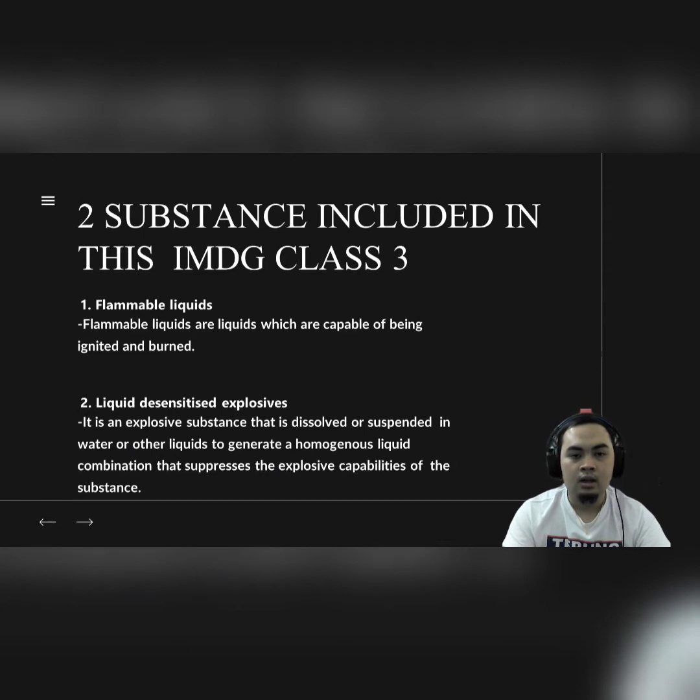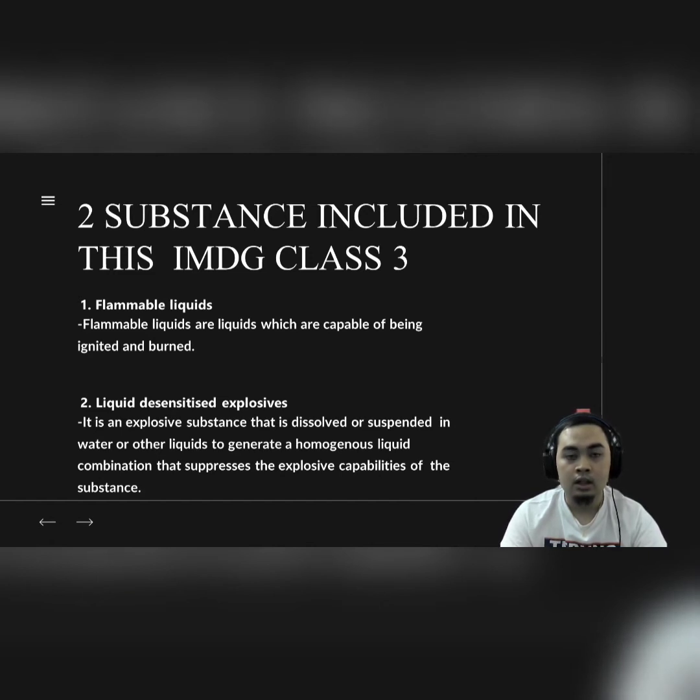For this part, I will explain the substances included in this IMDG Class 3. Generally, there are two substances included in this IMDG Class 3. First one is flammable liquid. Flammable liquids are liquids which are capable of being ignited or burned.